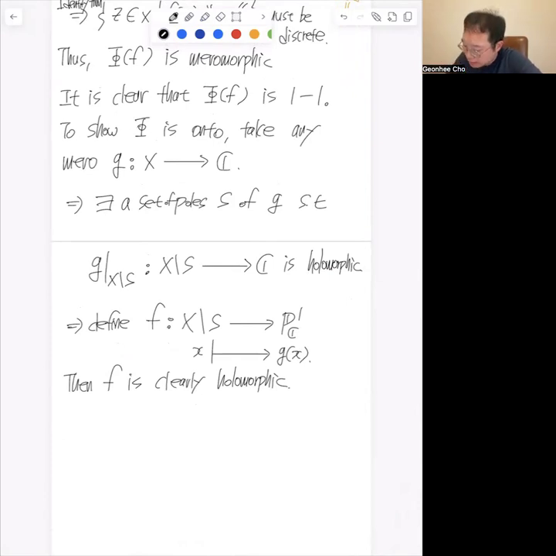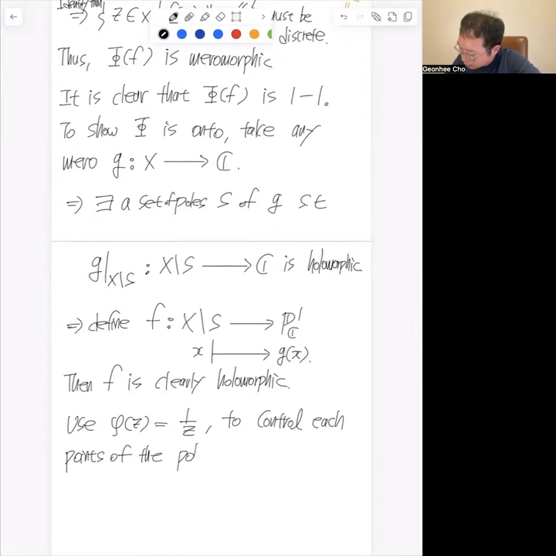So if we use the map to control each point of the poles, then if we use phi composed with this f, phi composed with f, this is bounded at each pole.